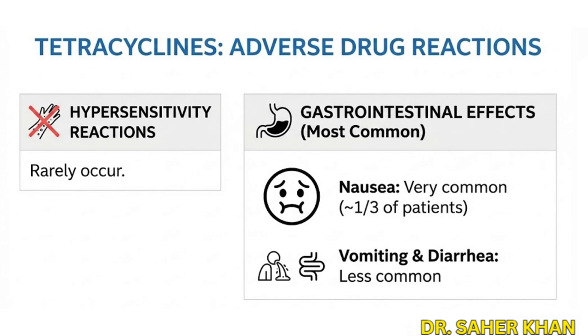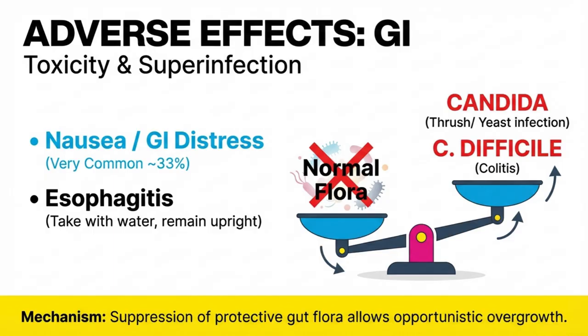Vomiting and diarrhea are comparatively less common. Tetracyclines can disturb the normal intestinal microflora, and this suppression of normal flora allows overgrowth of other organisms, such as Candida, leading to oral or vaginal candidiasis. Patients may complain of itching, oral thrush, or diarrhea due to this imbalance.